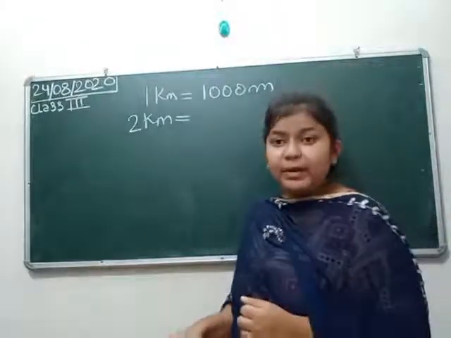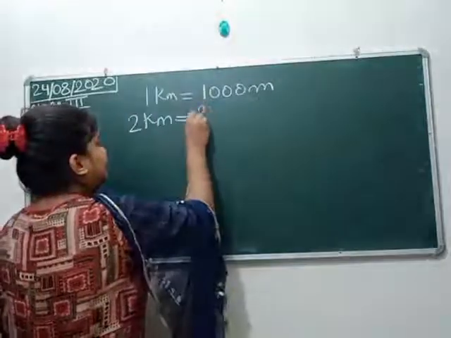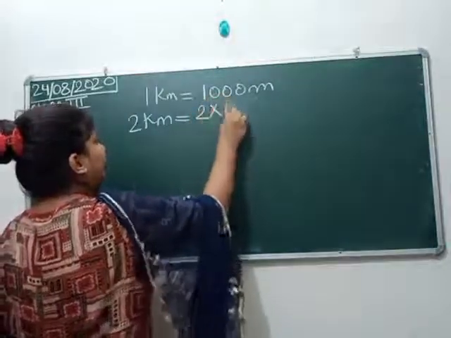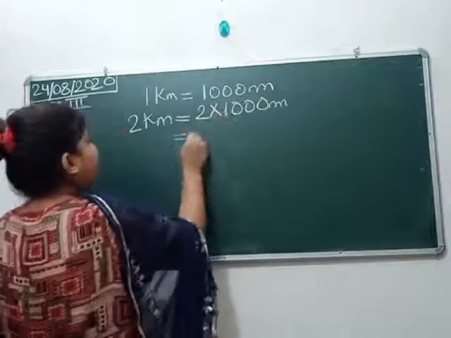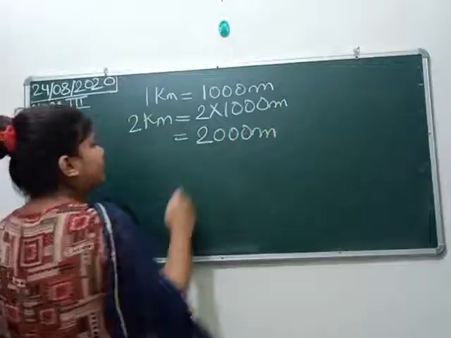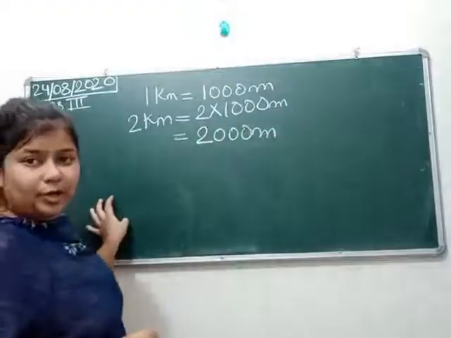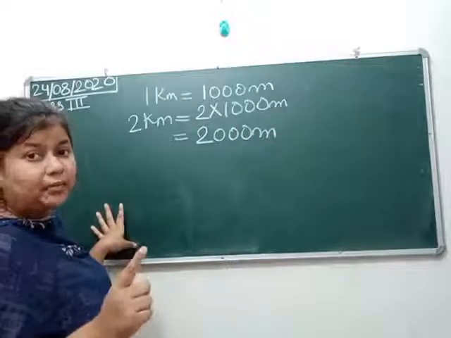And how much will I multiply? 1000. So I will multiply 2 into 1000 meters, and that will give us 2000 meters. Okay, got it? 1 kilometer equals 1000 meters, so 2 kilometer equals 2000.